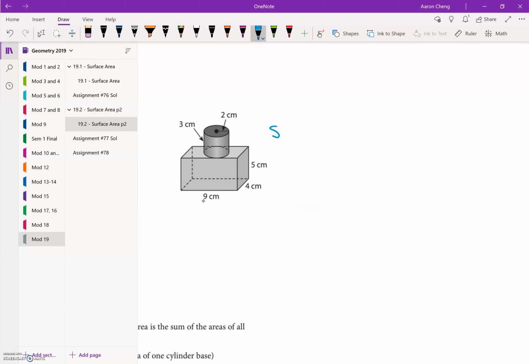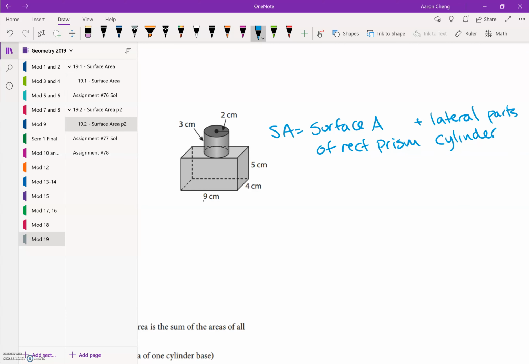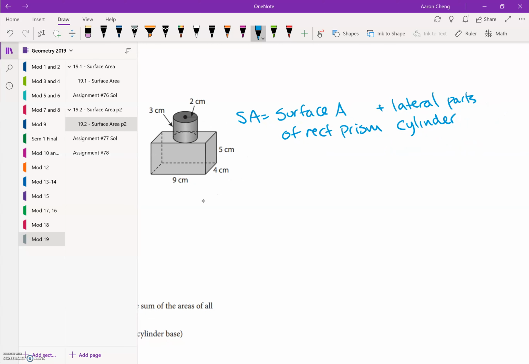So I'll write that. The surface area of the rectangular prism, plus the lateral parts of the cylinder. All right, and the surface area of the rectangular prism is going to be the perimeter times the height, plus 2 of the bases.